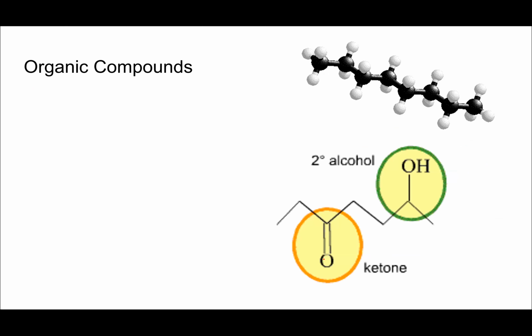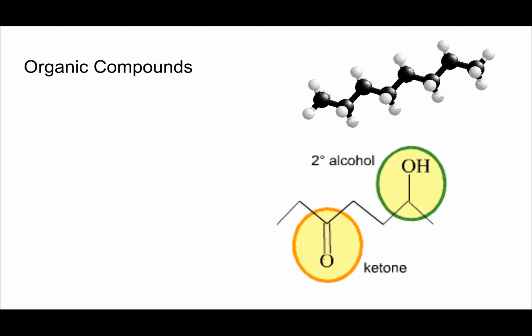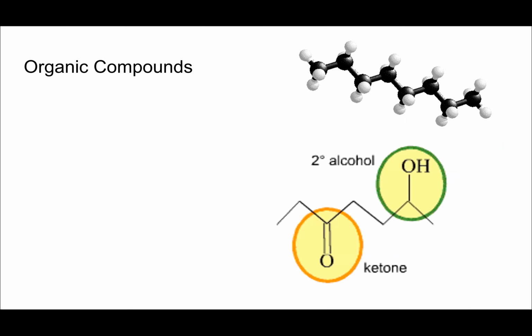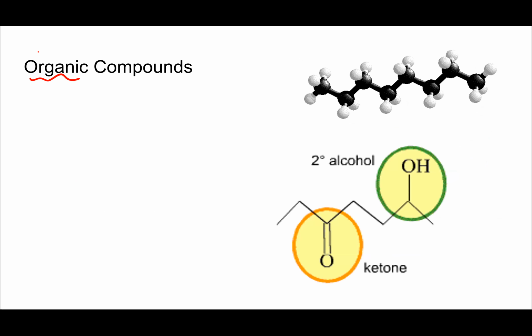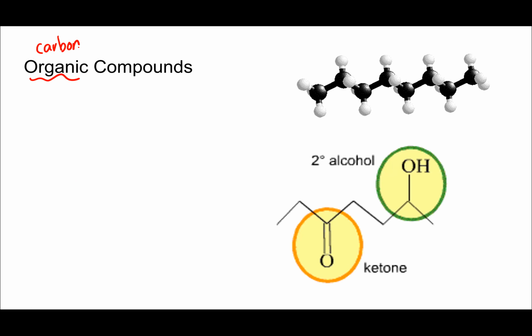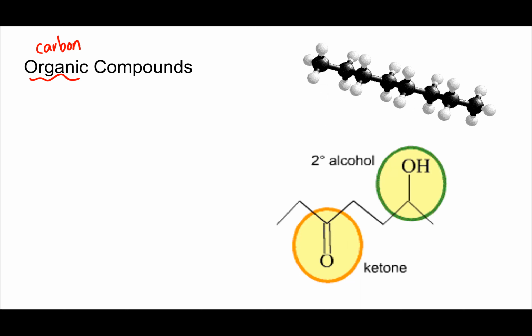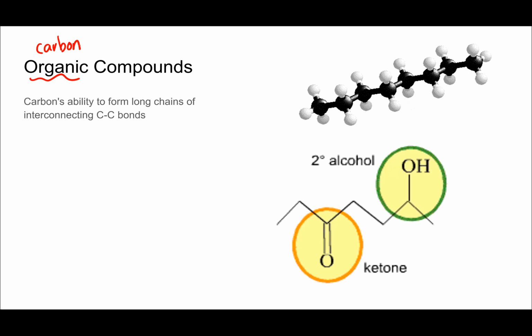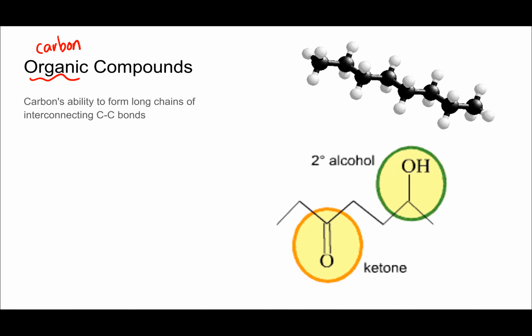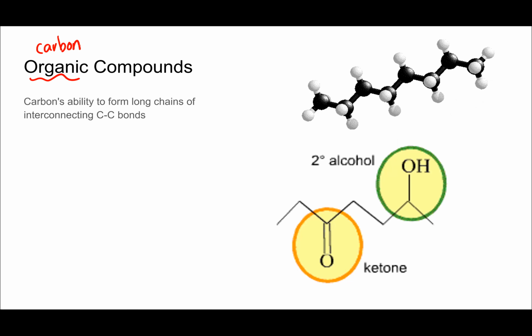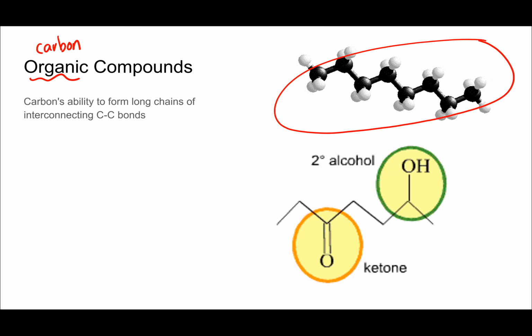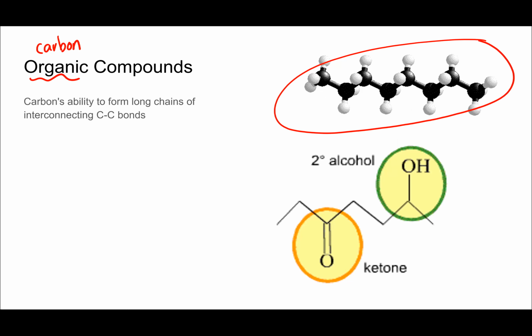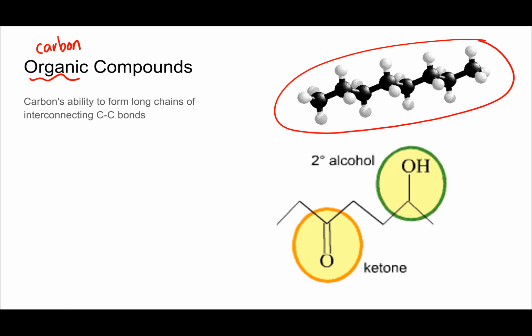So what are organic compounds? Organic compounds basically means carbon compounds. This is because carbon is really good at forming long chains of interconnecting carbons. You can see in this rotating model that the black balls represent the carbon atoms.